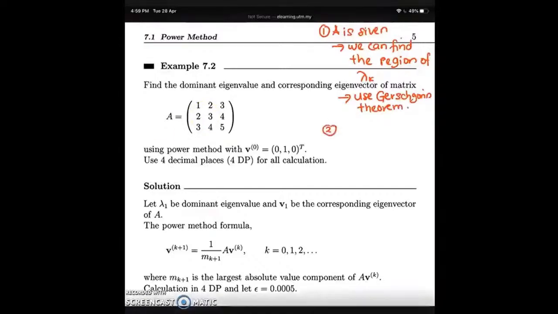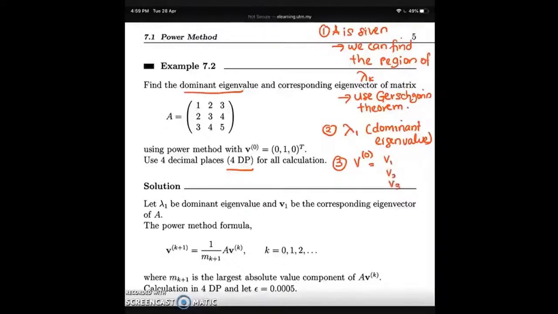Now the second step is to find the dominant eigenvalue, lambda 1, using the power method. This eigenvalue is associated with the eigenvector V1, which is Vk plus 1 in the power method formula. We give you the initial condition V0.